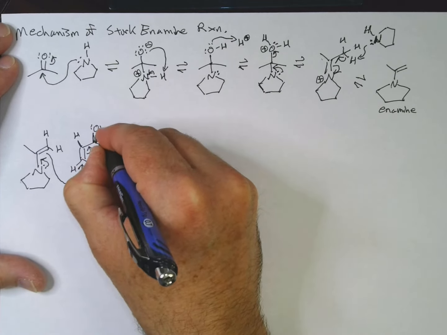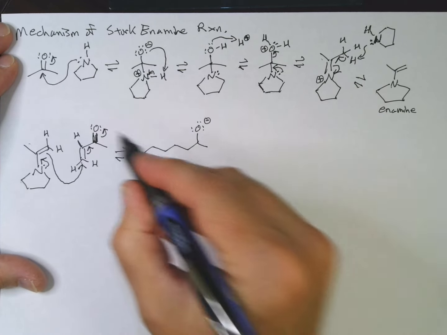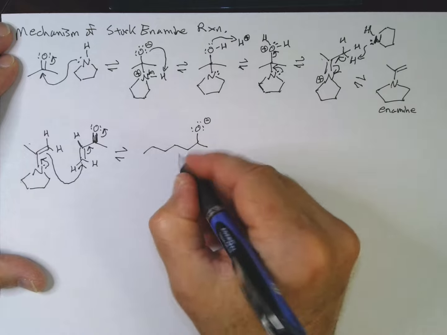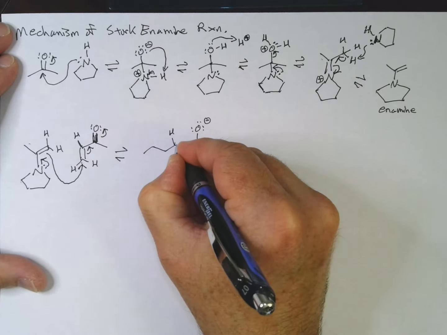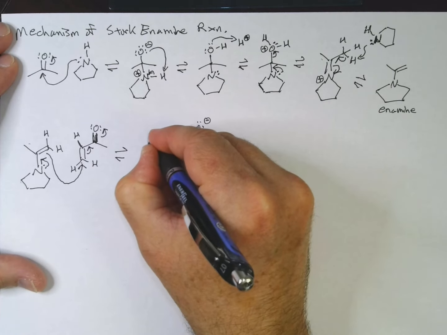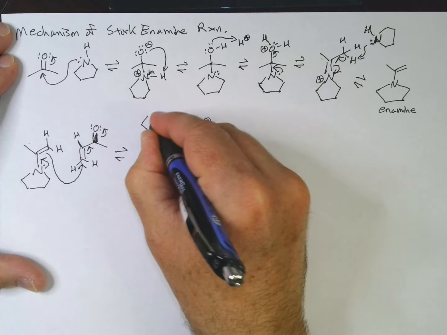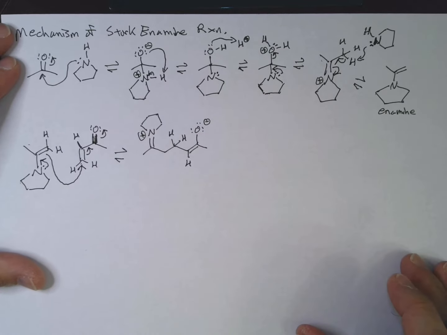Okay, so I've got 1, 2, 3, 4, 5, 6, 7. So 1, 2, 3, 4, 5, 6, 7. That guy is there, minus. So I've got that guy. Now double bond there. H, H, H. Here I've got nitrogen and positive charge.